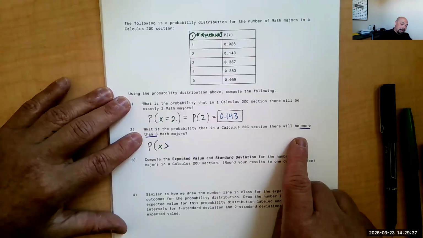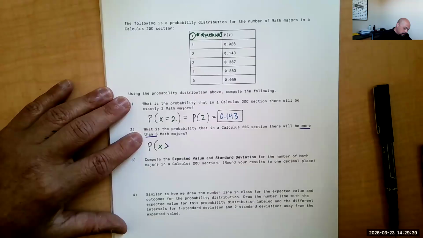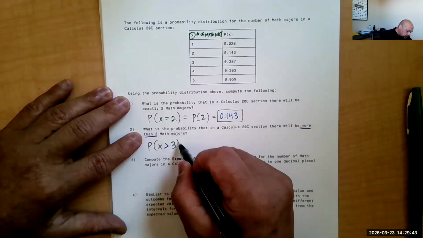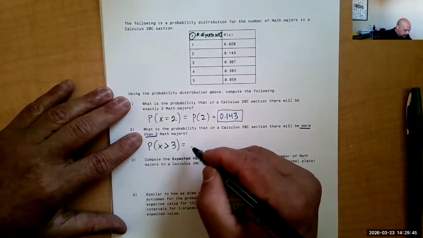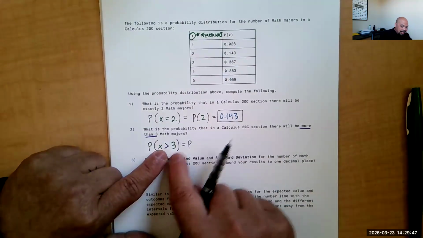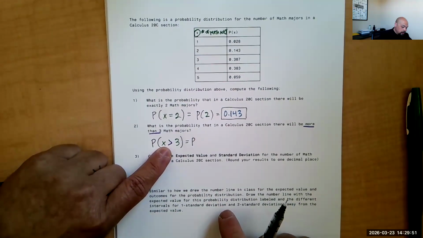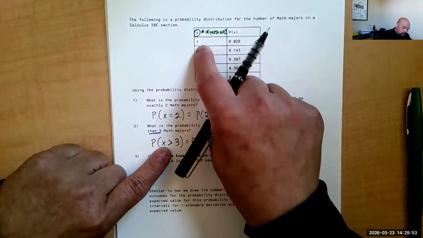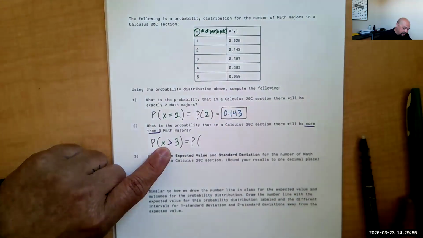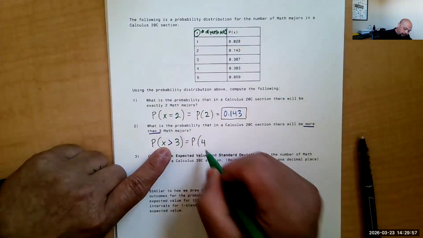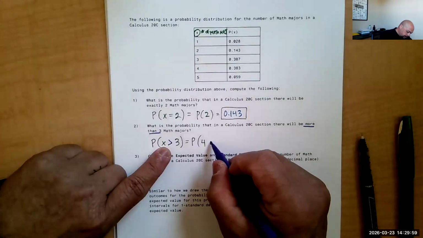I don't even want to have 3, I want more than 3 of those math majors. So in this distribution, the values for X that occur are either 4 or 5.